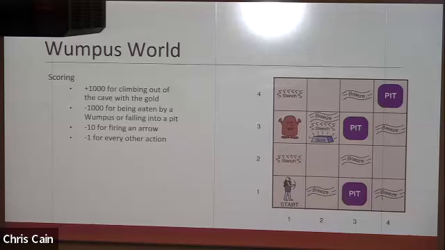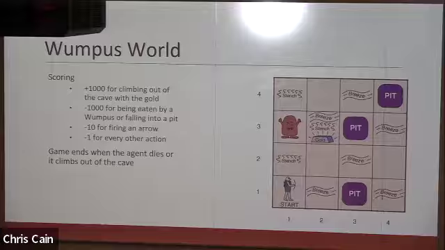The idea is we want to prioritize being efficient if we possibly can, but also being safe and trading off safety for the amount of time that it takes you to discover information about the world around you. The game just ends whenever the agent dies or climbs out of the cave, with or without the gold. So now you see that if you explore around and then climb at the end, you'll have some reasonably small negative score. Better than dying.